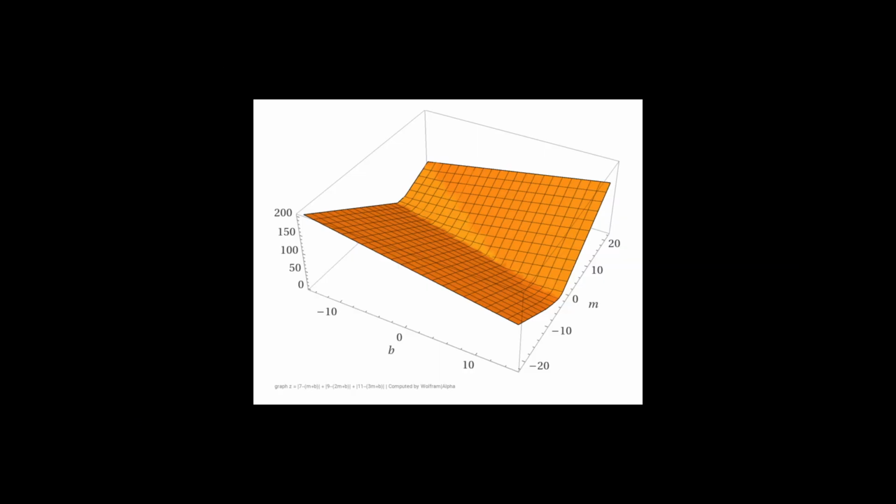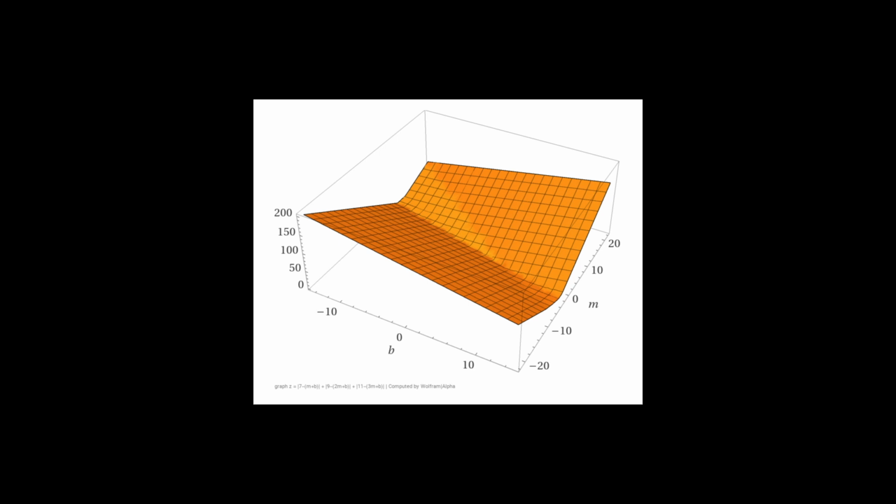Let's graph this loss. Let's take a two-dimensional plane representing all possible m, b pairs. For each m, b, we compute the loss of those parameters and graph a point floating over the plane at a height corresponding to this loss. If we do this for all of the m, b pairs, we're going to get something that looks like this valley.